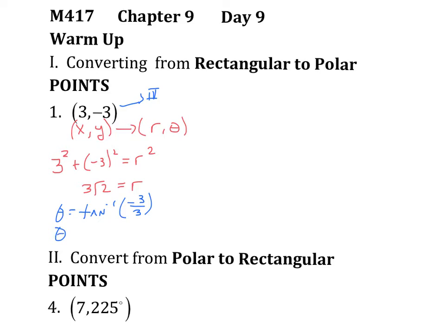So the theta is 45. That's the reference angle. But if it's in the 4th quadrant, your theta is going to be 315. So then your r, theta is going to be 3 root 2, comma 315.